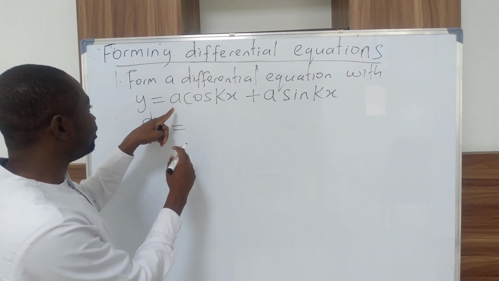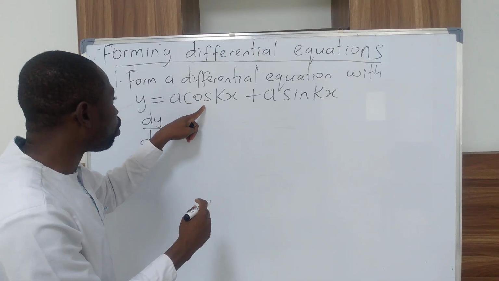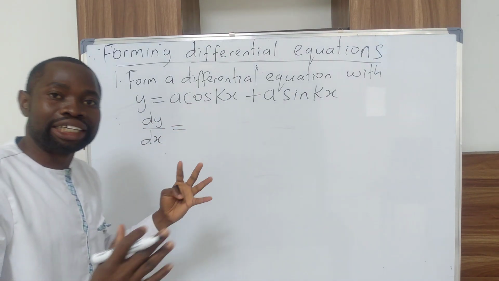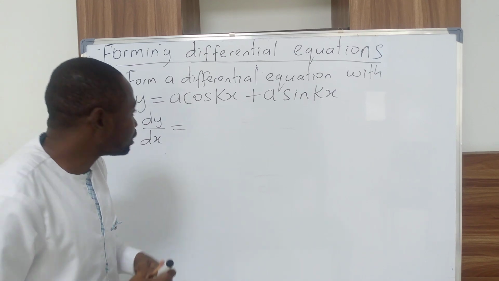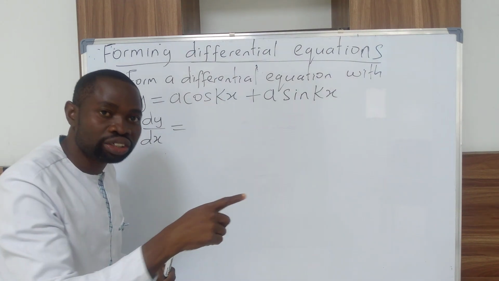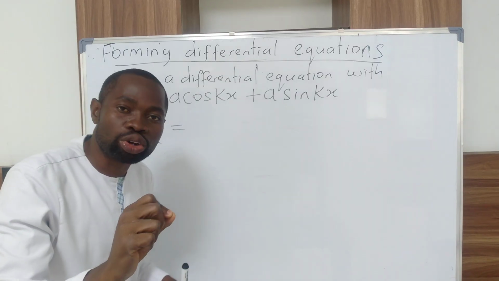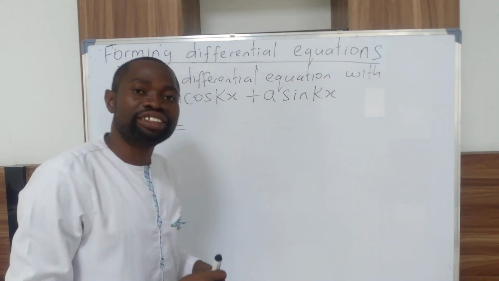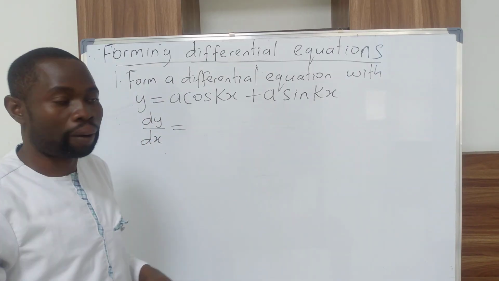Alright, let's start. This is a cos kx. Now, remember that in mathematics, when you differentiate cos, it will give you minus sine. When you differentiate sine, it will give you cos.